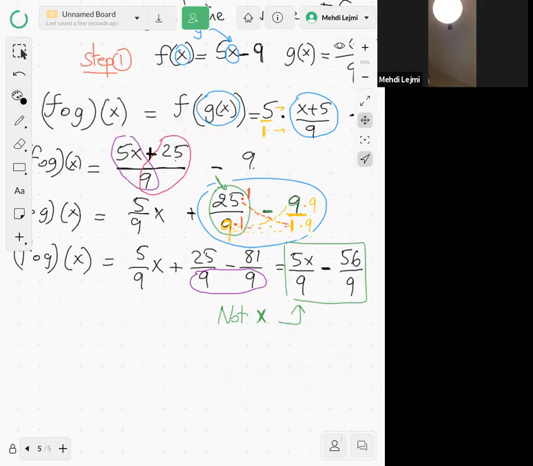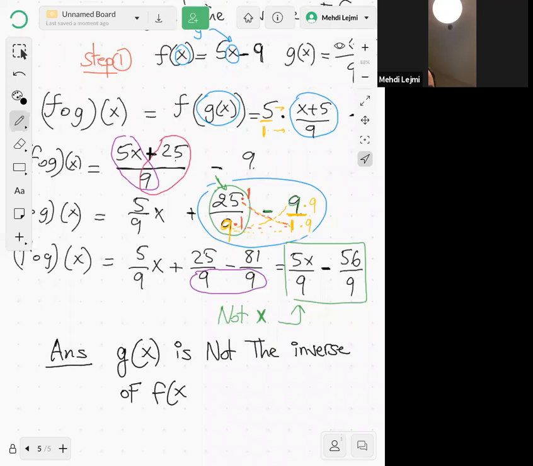The conclusion is that g of x is not the inverse of f, because we simplified our answer and we didn't get x.